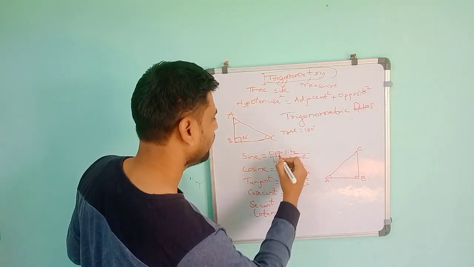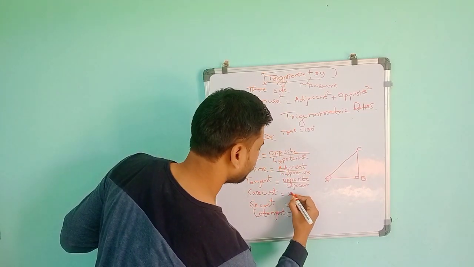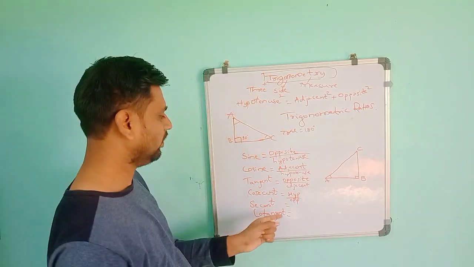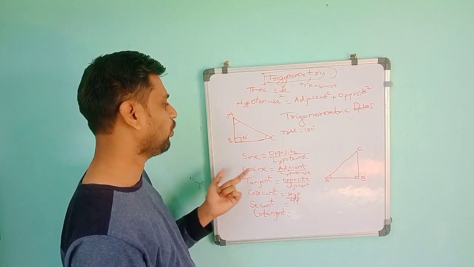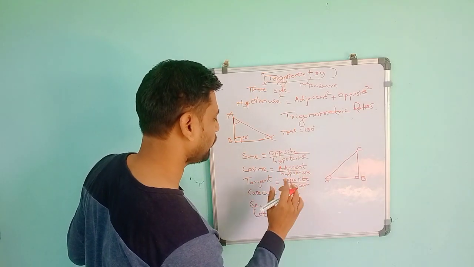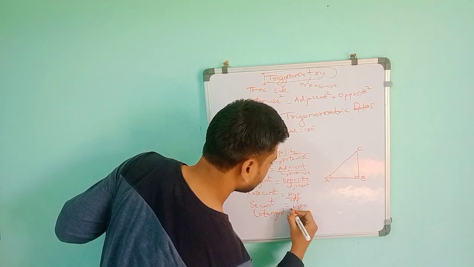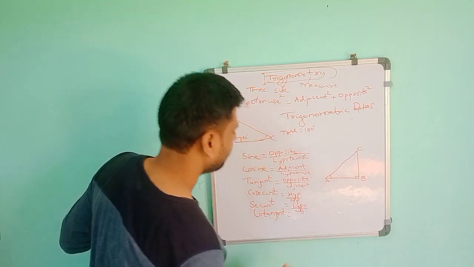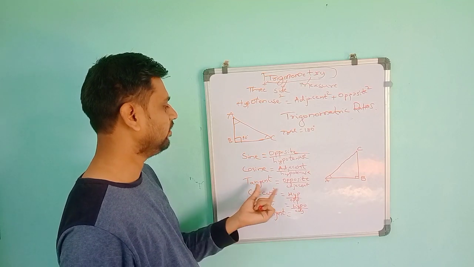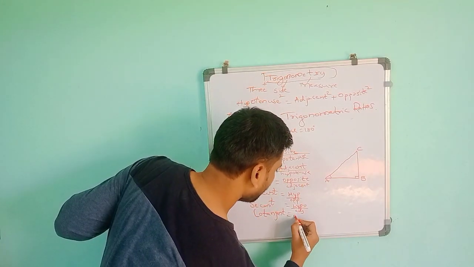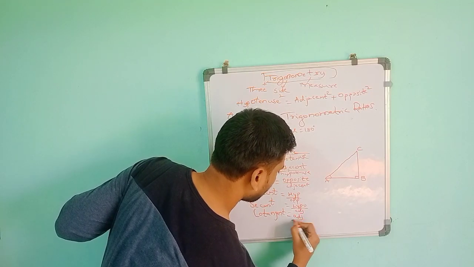Sine is opposite by hypotenuse, so cosecant will be hypotenuse by opposite. Similarly, secant is the reverse of cosine. Cosine is adjacent by hypotenuse, so secant will be hypotenuse by adjacent. Last is cotangent. Tangent is opposite by adjacent, therefore cotangent will be adjacent by opposite.